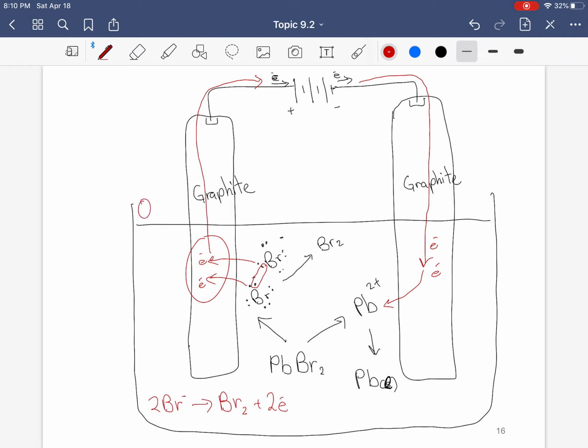We know this is oxidation, but positive or negative? That's right. For an electrolytic cell, this is positive.